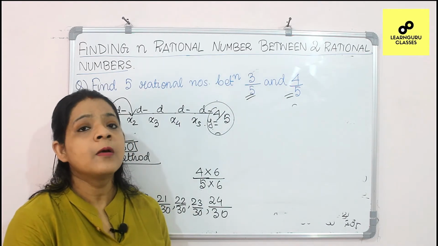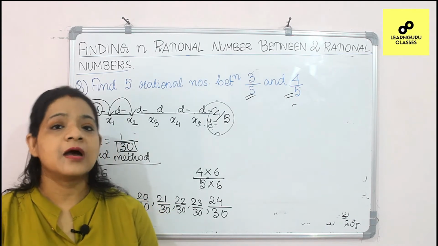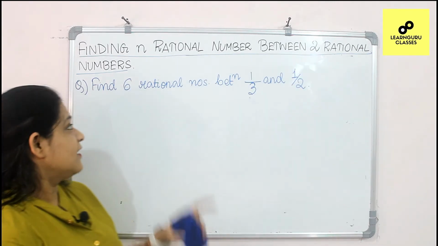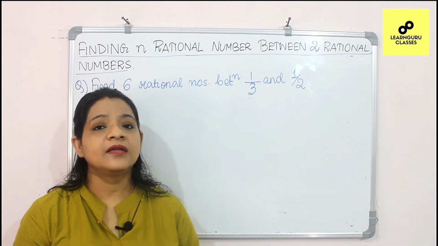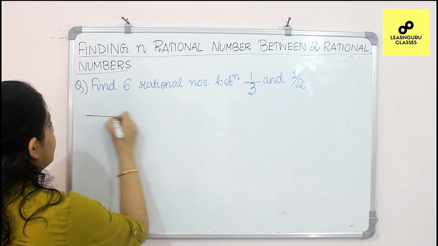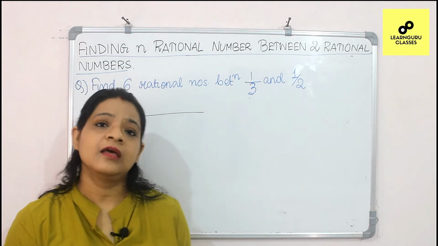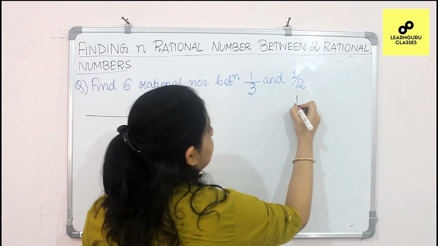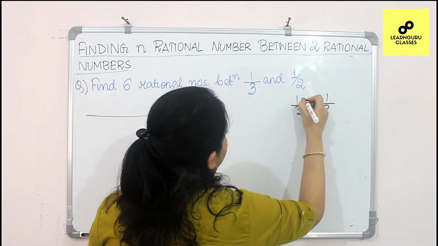Okay, so I hope this sum is clear to you. Okay, so let's jump into the next sum. The next sum is find 6 rational numbers between 1 by 3 and 1 by 2. So as usual, we have to draw the number line and which number to place on the left hand side and which number to place on the right hand side is decided by doing the cross multiplication, isn't it?